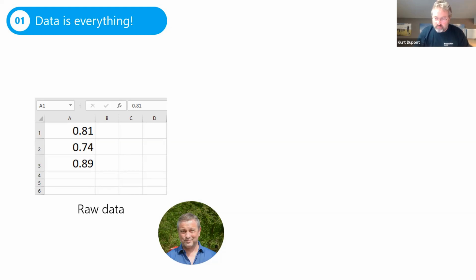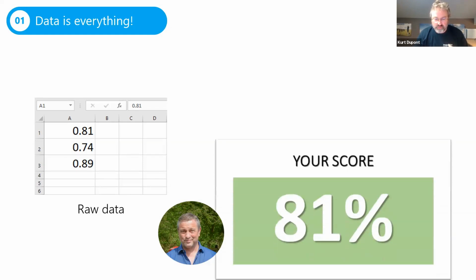And probably most of you that are watching this session are PowerPoint designers or using PowerPoint frequently. And basically, you're always using raw data and creating a great slide out of it. So data becomes important.